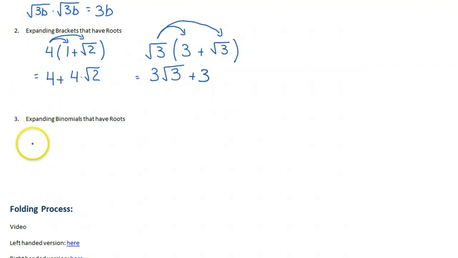The last skill that you might come across is expanding binomials that have roots. Now you won't necessarily come across this, but I do want to include this just in case, because we know how to expand binomials. If I gave you something like, for example, 1 plus a times 2 plus b, you would simply say 1 times 2 is 2, 1 times b is b, a times 2 is 2a, a times b is ab.